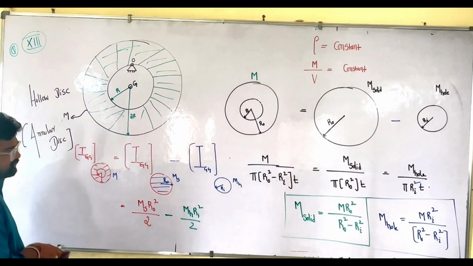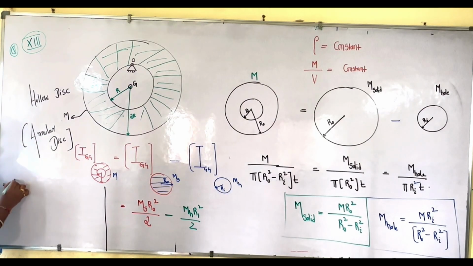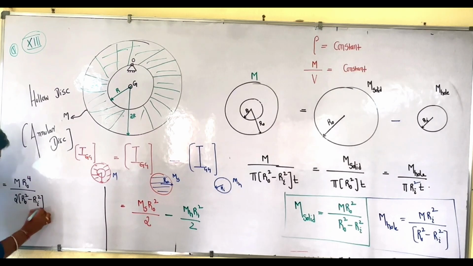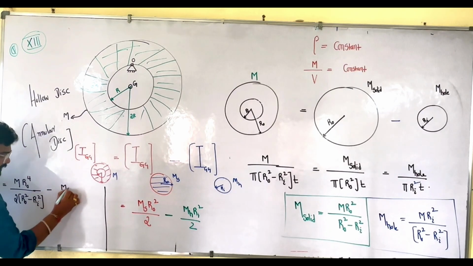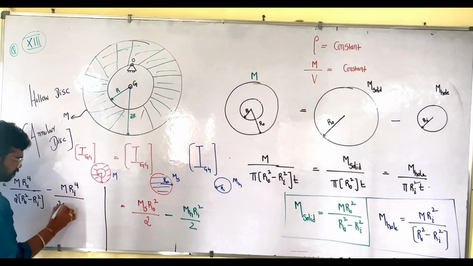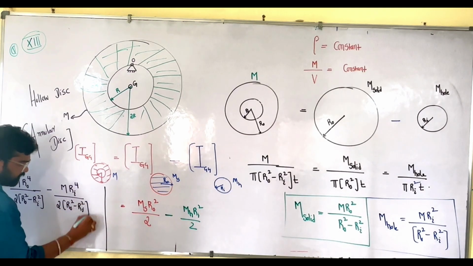What is the mass of the solid? Finally, this equals M into R0 square, which means R0 power 4 by 2 times (R0 square minus Ri square), minus M times Ri power 4 by 2 into (R0 square minus Ri square).